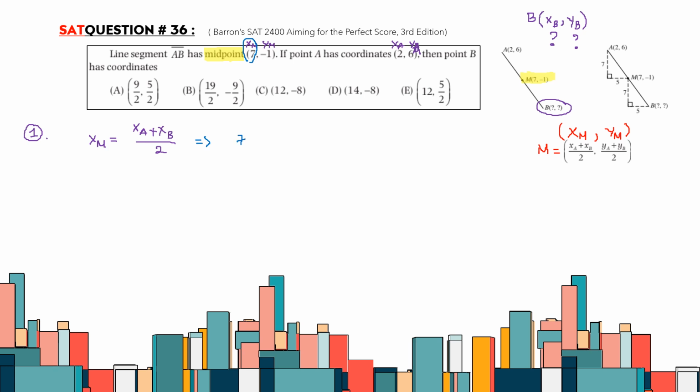Let's write it down vertically so we can see it easier. X sub M is 7, that equals x sub A, which is 2, plus x sub B, over 2. Now we have to solve for x sub B. So we multiply both sides by 2.